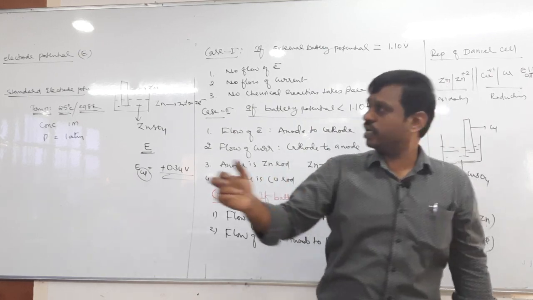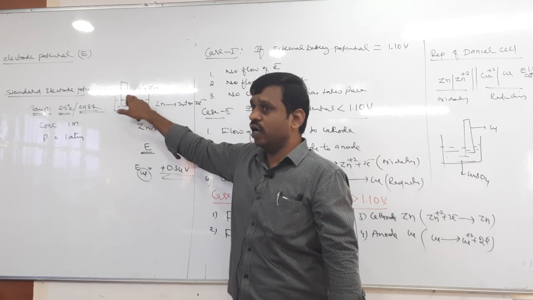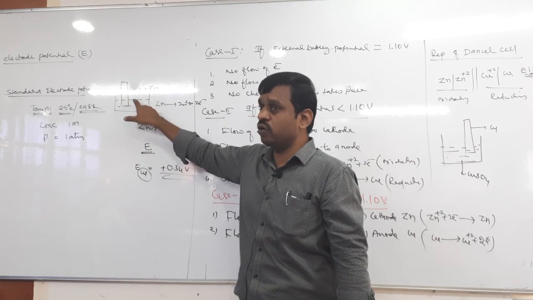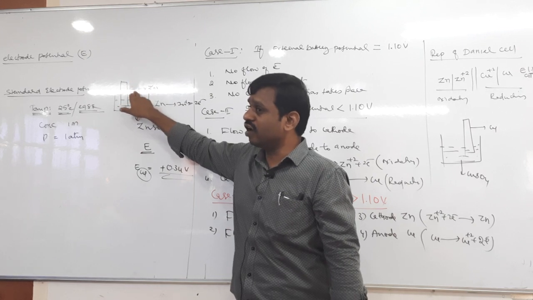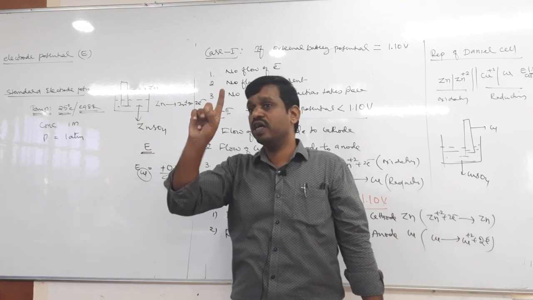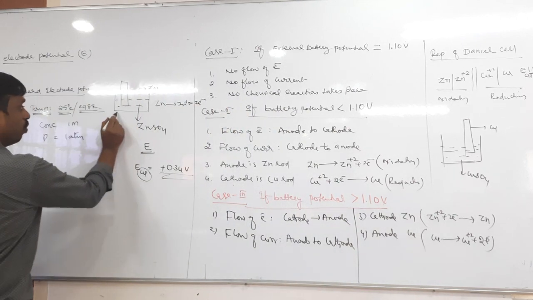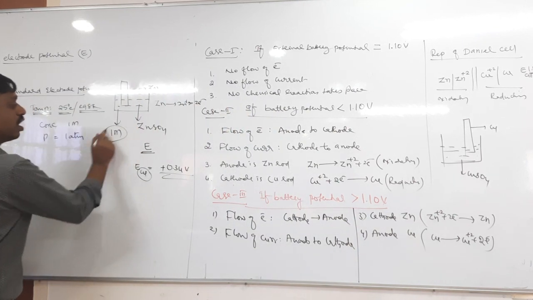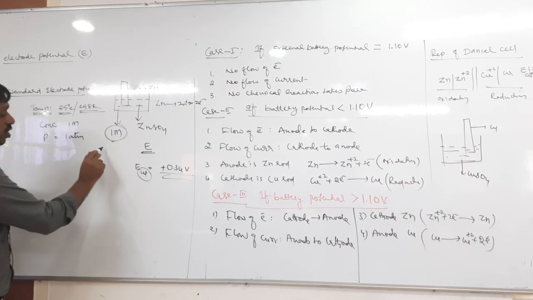The potential difference developed at the electrode when the electrode is in contact with a 1 molar solution of its own ion, at what condition?